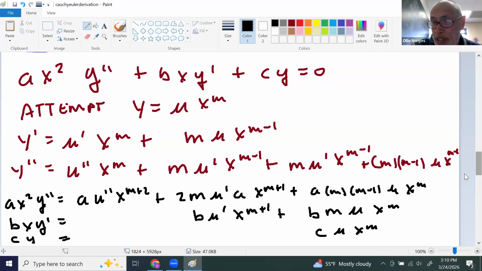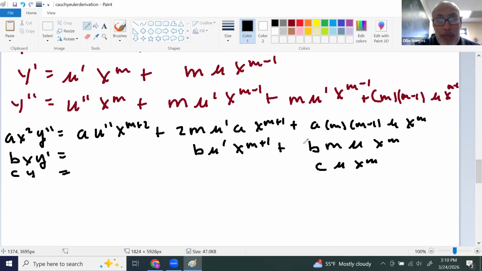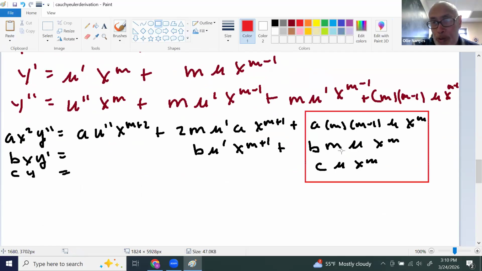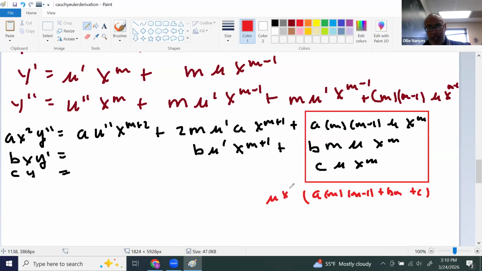Now we add these because we're in the differential equation. And when we add these, this is what's kind of cool here, everything in this box, remember, m is chosen to be a root of this equation here. So what you can do is factor out a u x to the m. What we have in this box is a m (m minus 1) plus b m plus c, all multiplied by u x to the m.